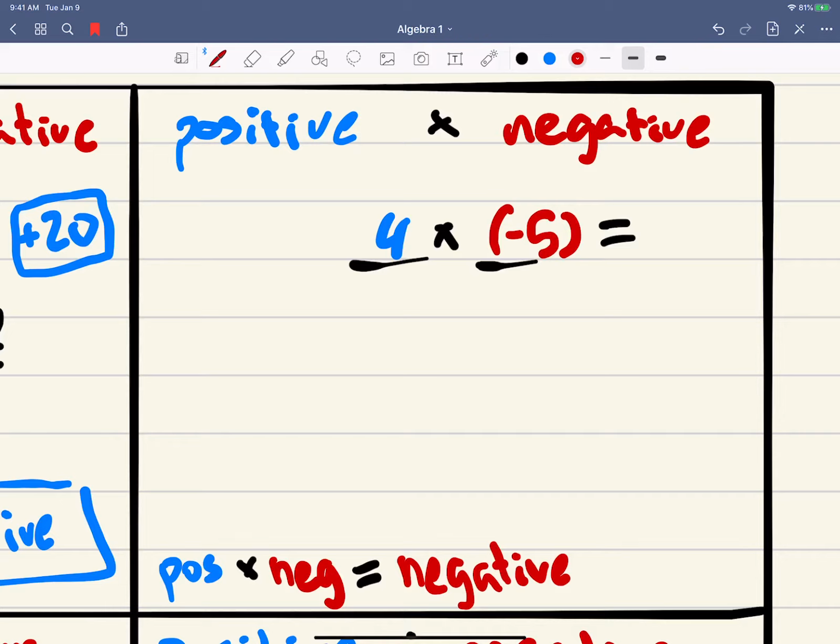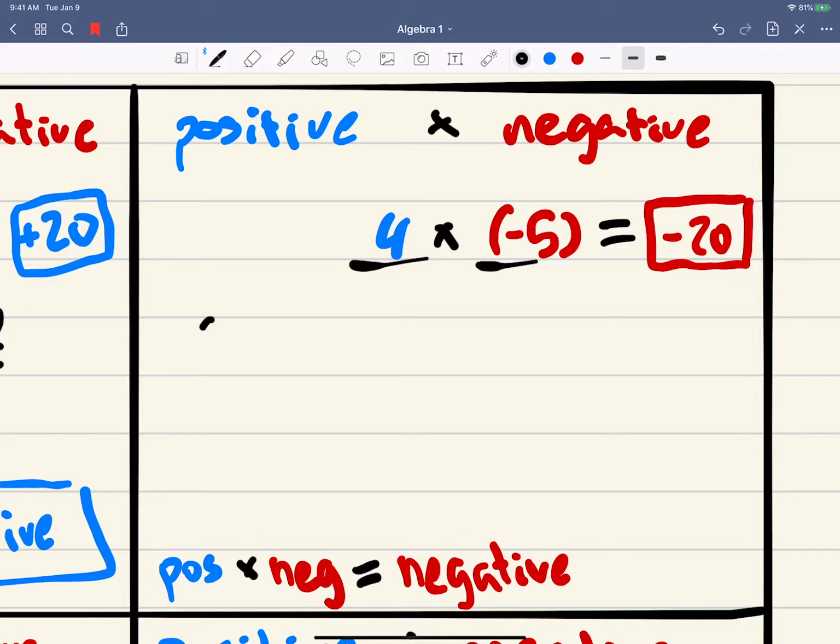The way we do this is, again, we're going to pretend that this negative does not exist. And what's 4 times 5? Well, Sanchez, that's easy. That's 20. But because we're multiplying with a positive and a negative, our answer is actually going to be negative 20. And that's the rule. Positive times negative, negative. Positive times positive, positive. Negative and negative, positive.